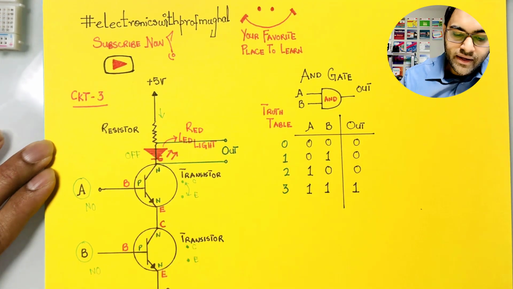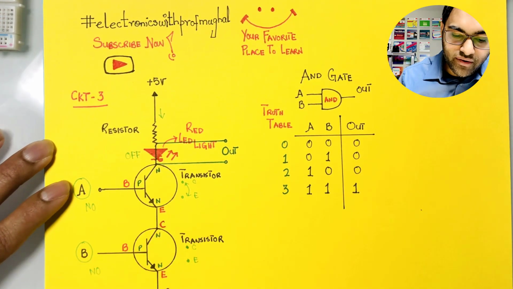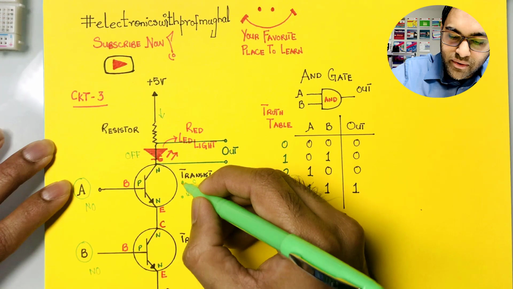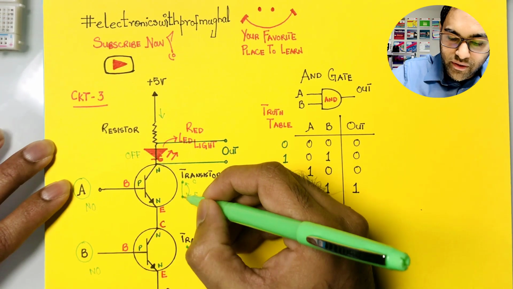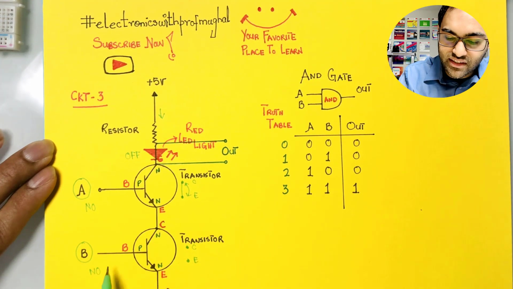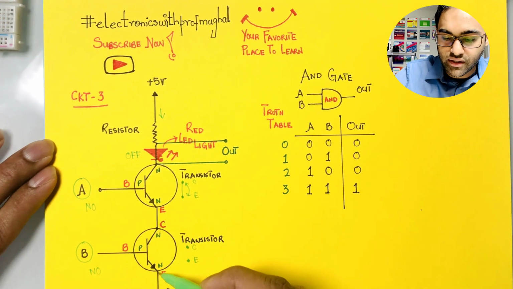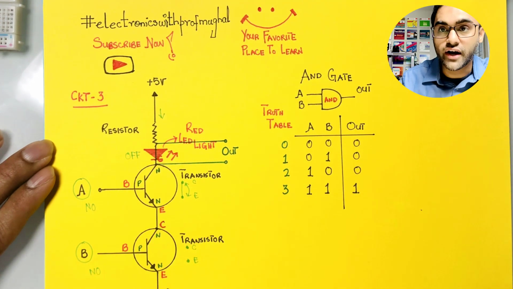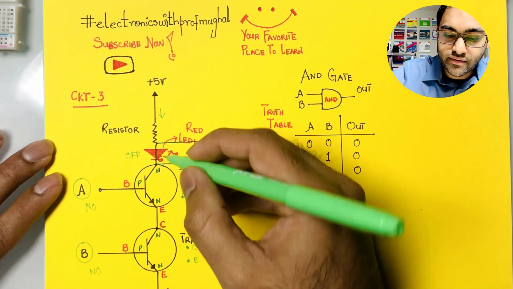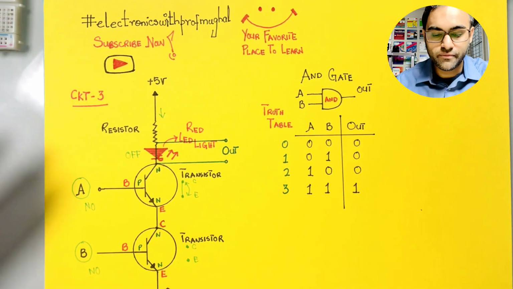Even if I press A, it does make a connection between collector and emitter. But once the current comes over here, because B is normally open, it's still 0. There's no way for the current to go from collector to the emitter terminal and to the ground, therefore not completing the circuit, and the resistive load, which is the LED here, is going to be off.